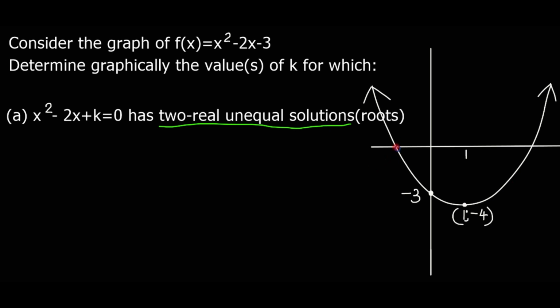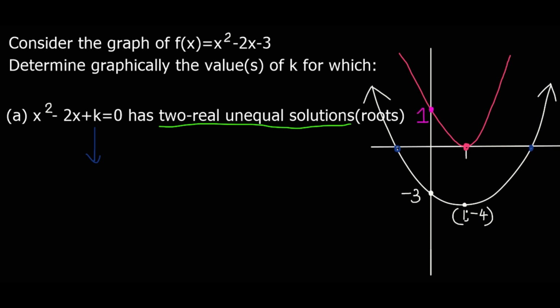Already we see two x-intercepts, but based on this question, they want to know what the value of k will be if you make this graph have two x-intercepts. Remember that previously we saw that when our graph touches the x-axis at 1 point, our y-intercept was 1.